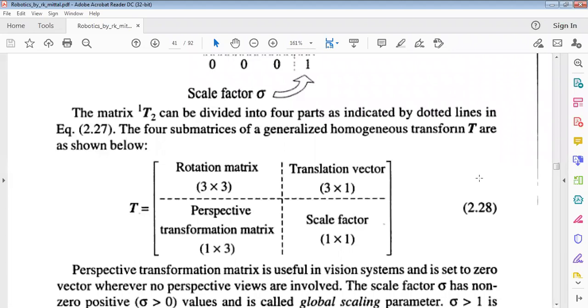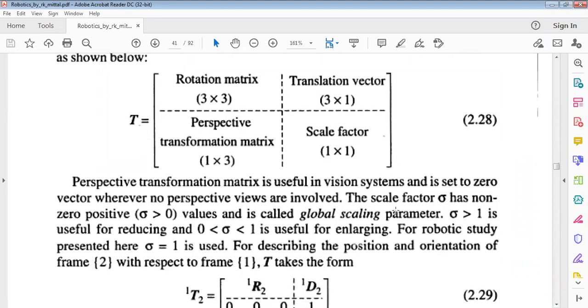This perspective transformation matrix is useful in vision systems, I mean, from the sensors point of view. So this perspective transformation is very essential.